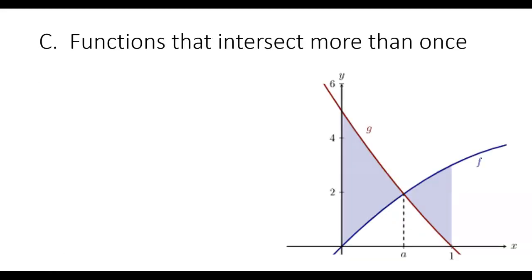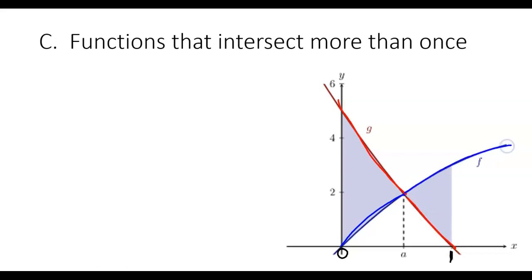Now, sometimes they can cross at more than one point. This is actually not a very good picture. But let's just say I wanted to find the area between here, 0 and 1. Well, here's the problem with that. From 0 to a, g is above f. But after that, g is below f.